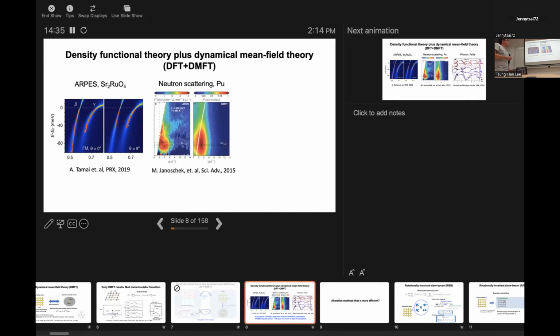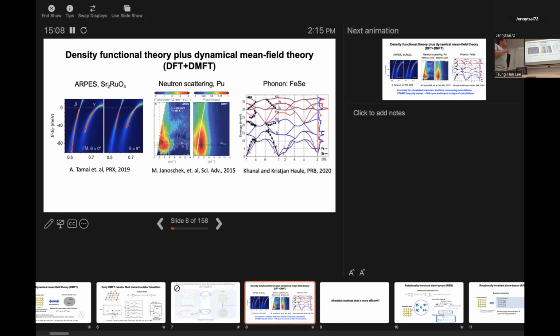And it can also be used to compute the spin excitation, for example, the spin susceptibility observed in the neutron scattering for this heavy fermion compound plutonium. And here it shows the spin excitation as a function of the momentum and the energy. And here is the observed spin excitation energy scale, which also agrees quite well with this DMFT calculation.